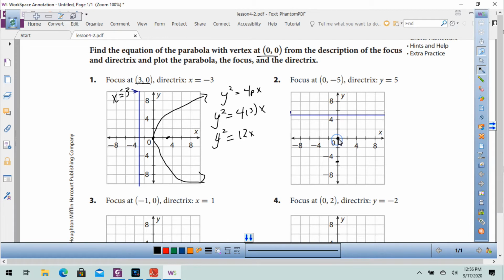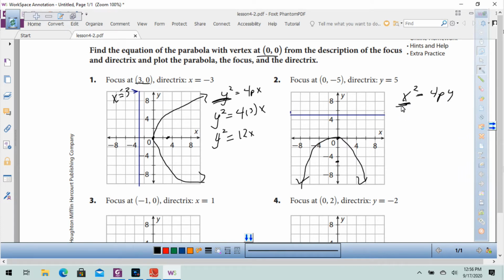And then of course we know our vertex is here, so this must be opening down. Okay, that opens down. And it's vertical, so we're going to have x squared equals 4py.